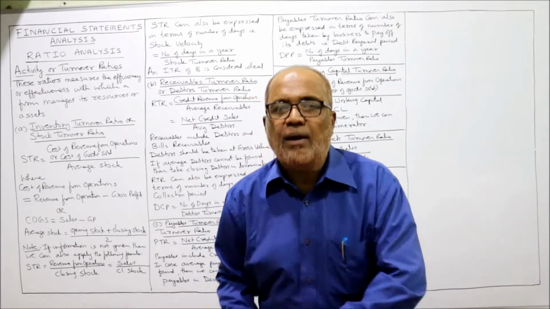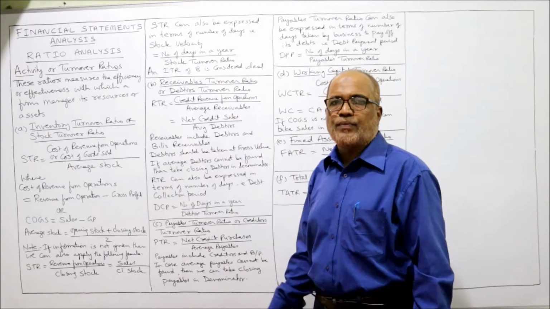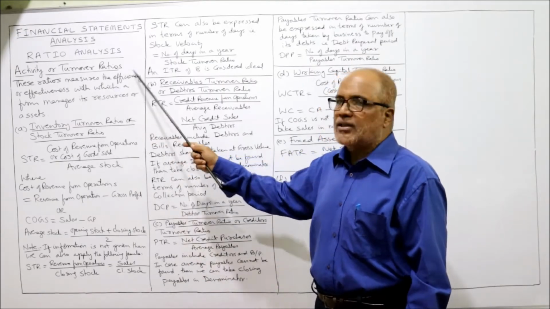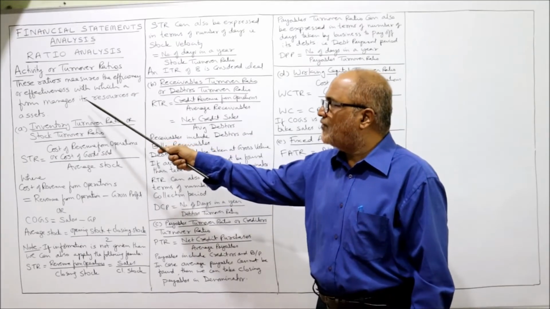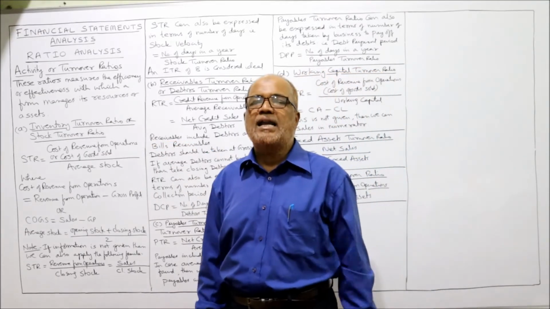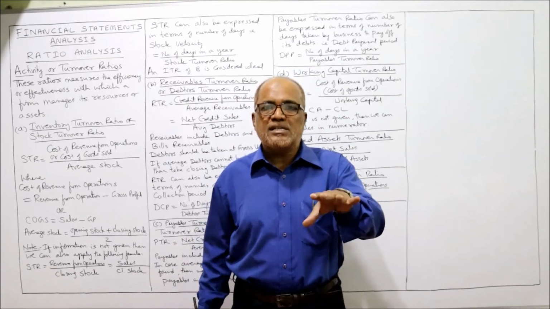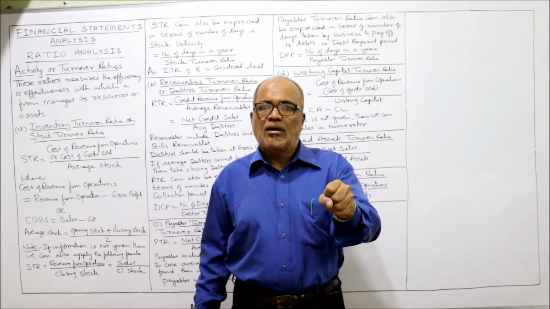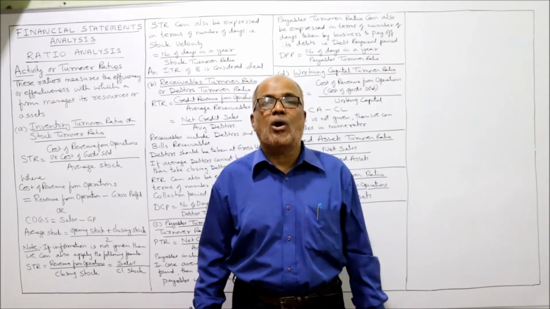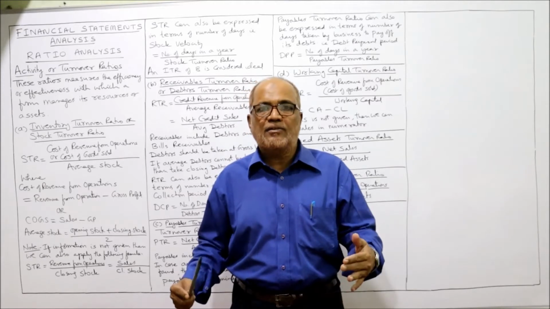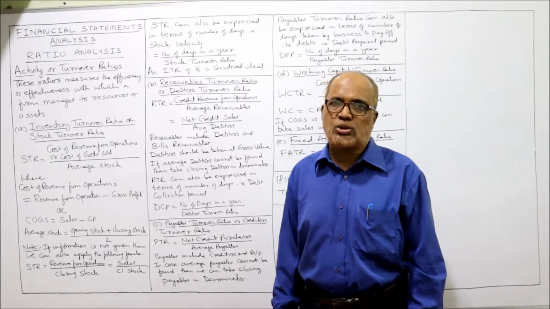Now in this video, I am going to explain activity or turnover ratios. These ratios measure the efficiency or effectiveness with which the firm manages its resources and assets. That means how effectively the business is managing its resources or assets, which we can know by applying activity or turnover ratios.